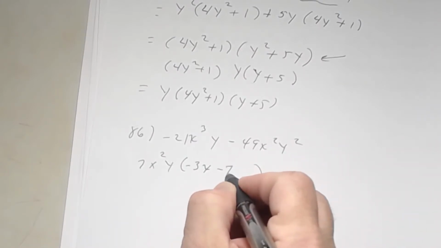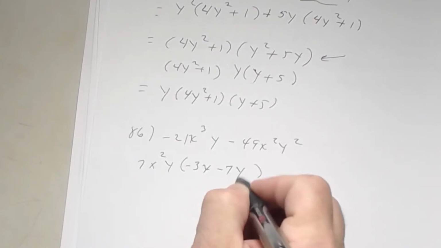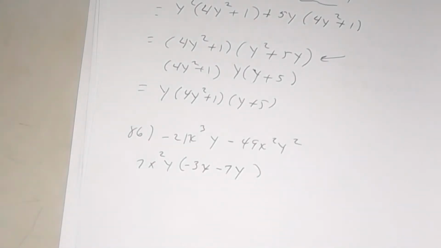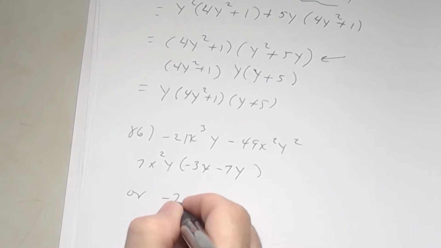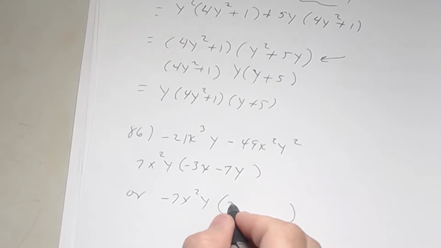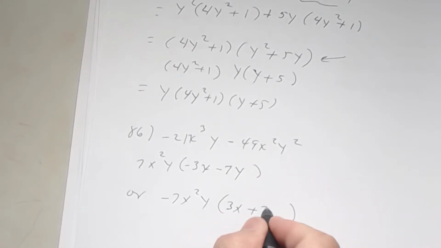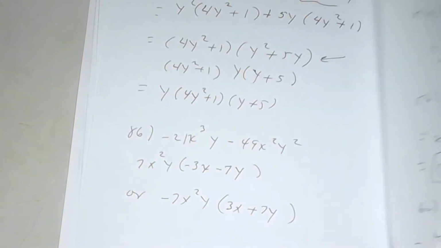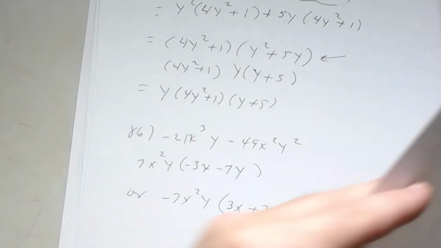Negative 7y, and that's it. Okay? Now, if you had taken the negative 7x squared y, the only thing that would change in here would be the signs. It'd be positive 3x plus 7y.